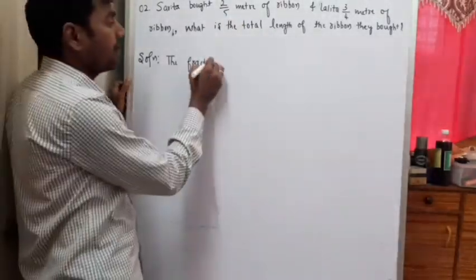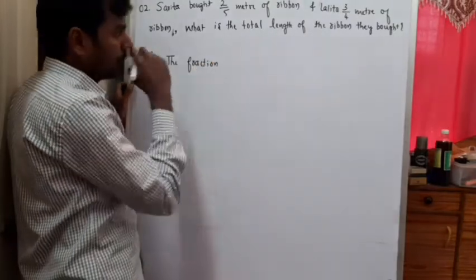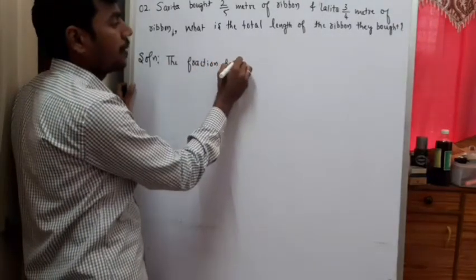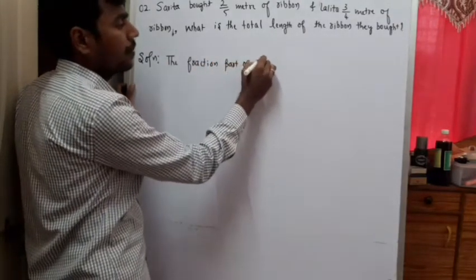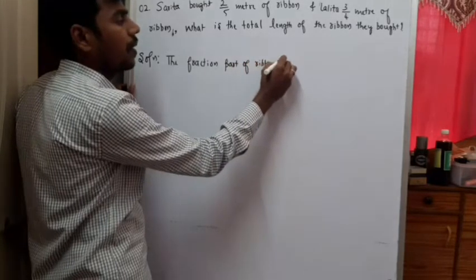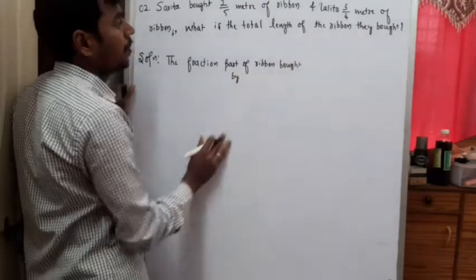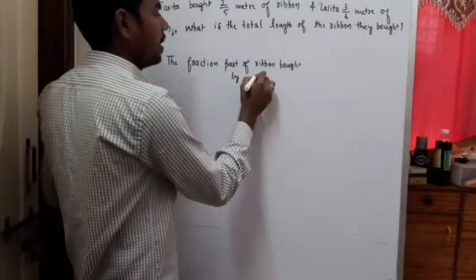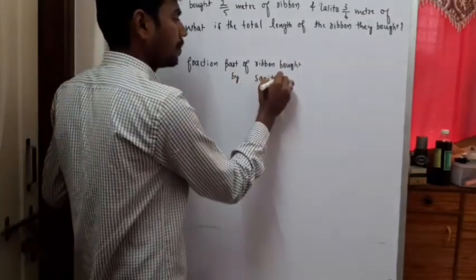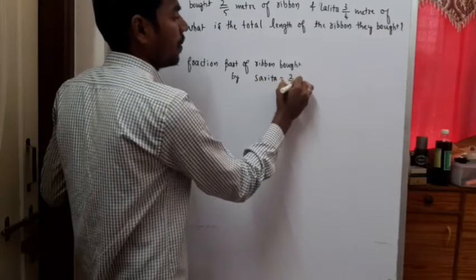The fraction part of ribbon bought by Sarita is equal to 2 by 5 meter.